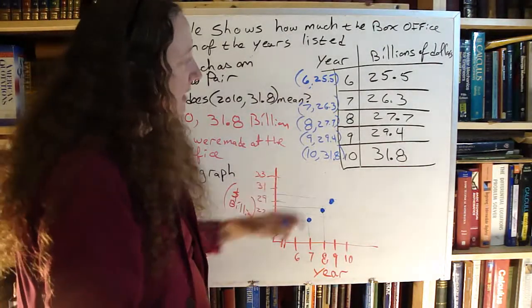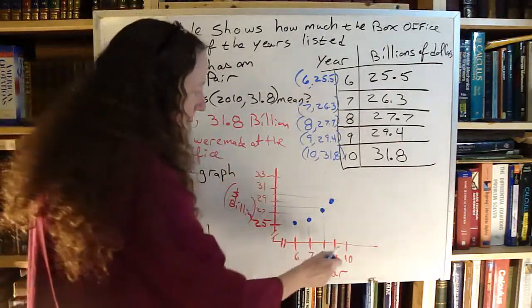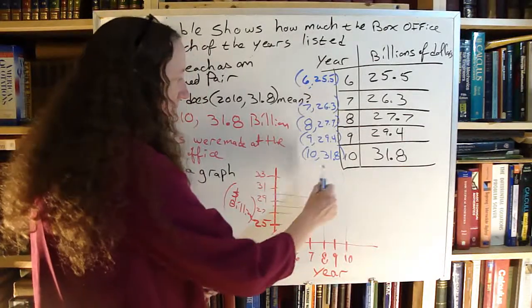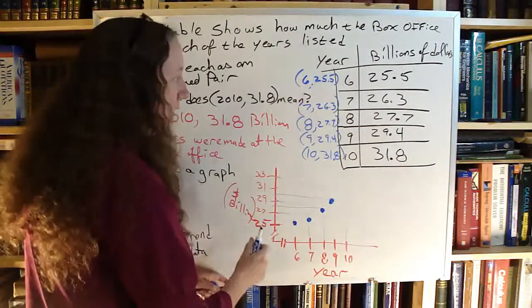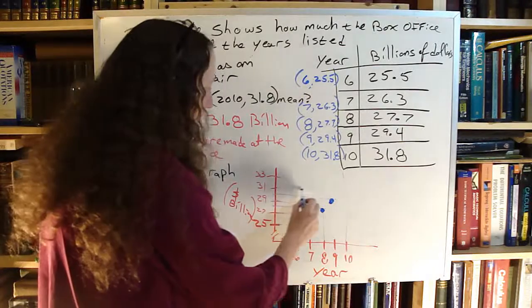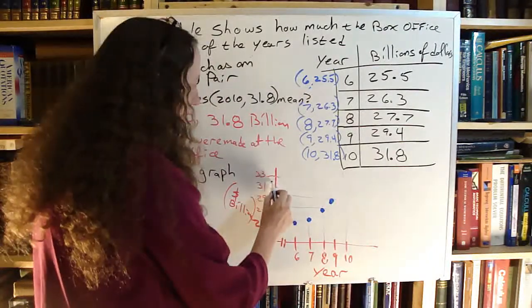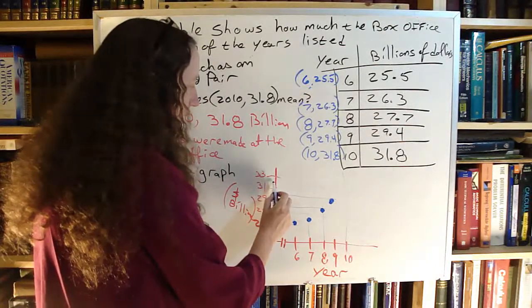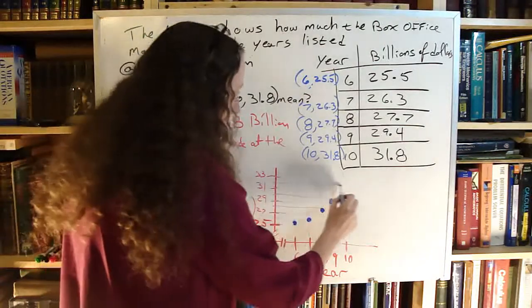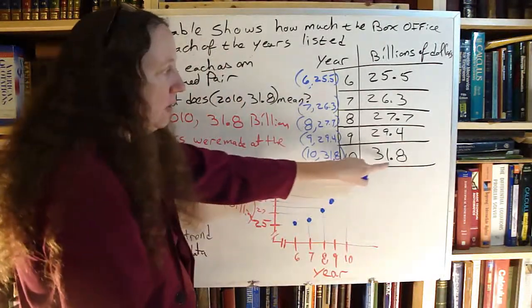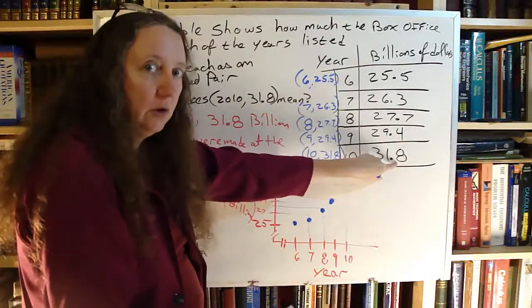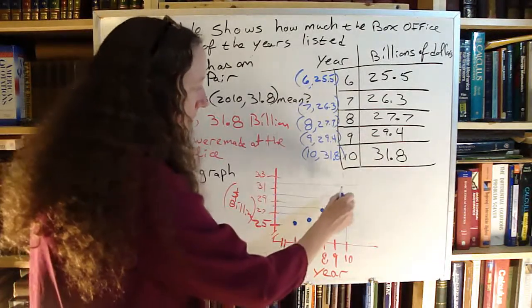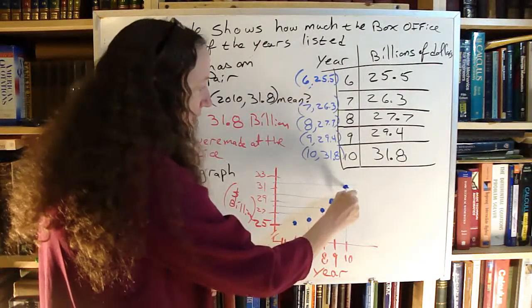And last one, 10 comma 31.8. Here's my 10. 31.8. Here's 31. 32 is halfway between 33 and 31. 31.8 is very close to 32. So I'm putting my dot closer to 32.